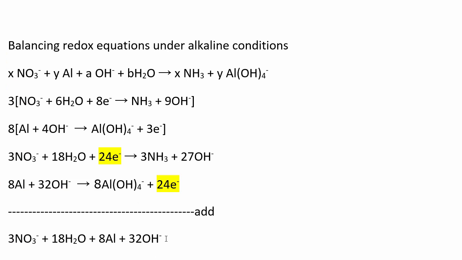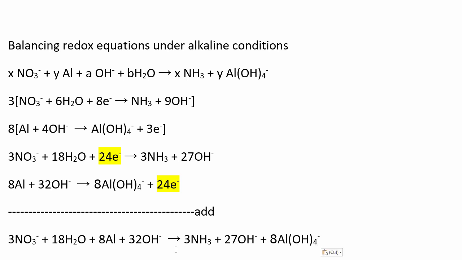Right, and now we need a little arrow, and the right hand side of the first equation, and the right hand side of the second equation, which is 8Al. Let's add that in there, plus, and we're almost finished now.